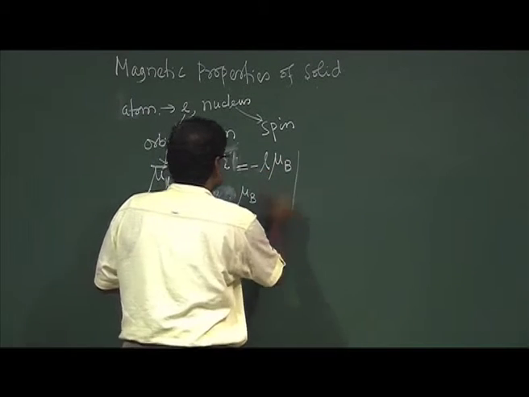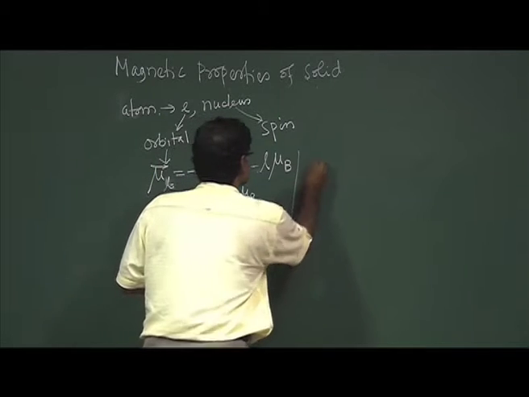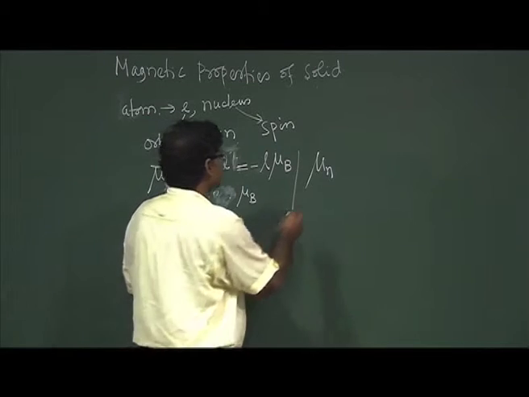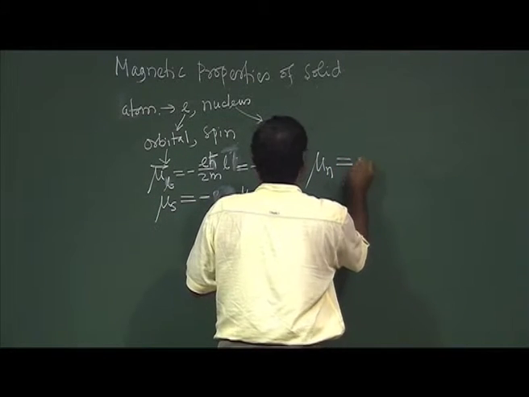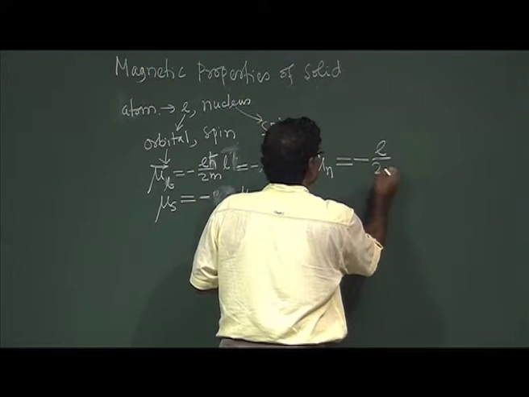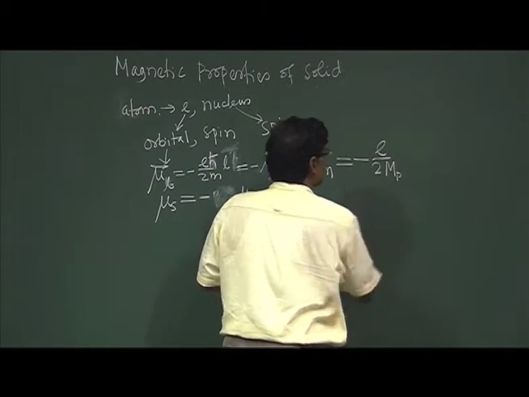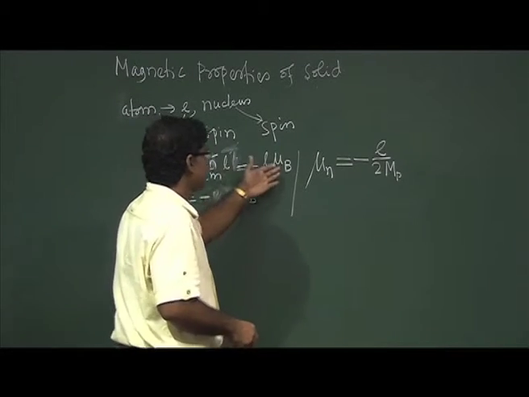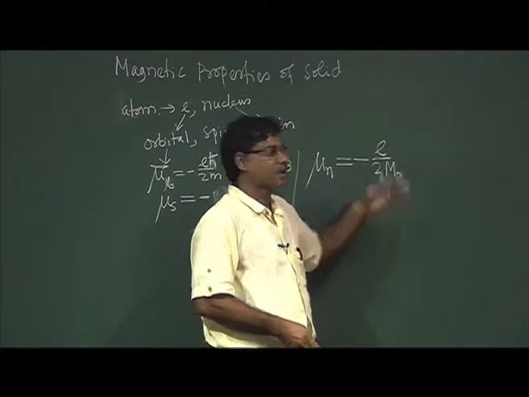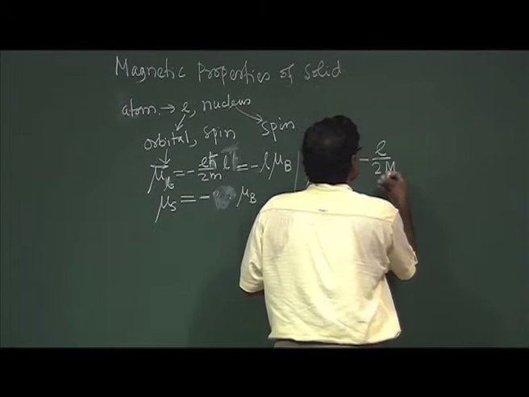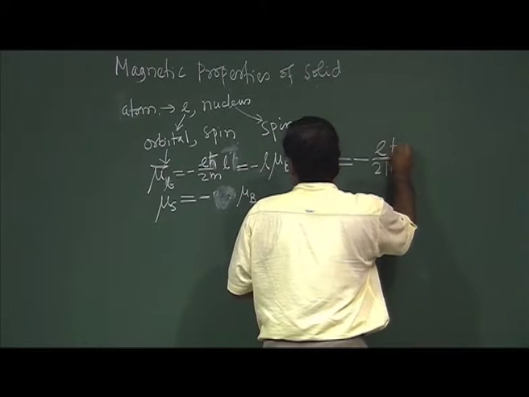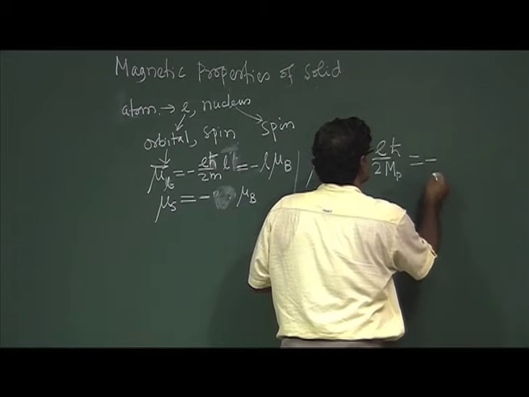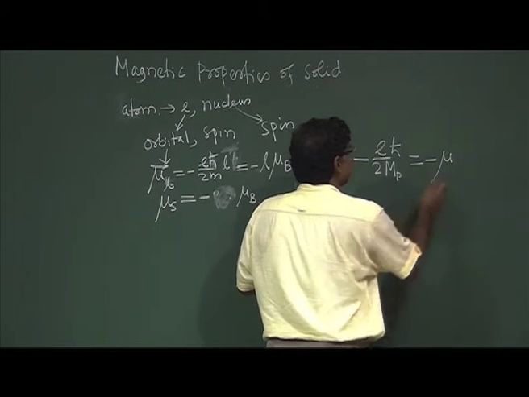Apart from these two, we have mentioned that there is mu n, the nuclear magnetic moment. That is also for spin. In this case it is minus e by 2 m p, where m p is the proton mass, and this is the nuclear magneton, as the other one is the Bohr magneton. If I put h cross, we write minus mu n.